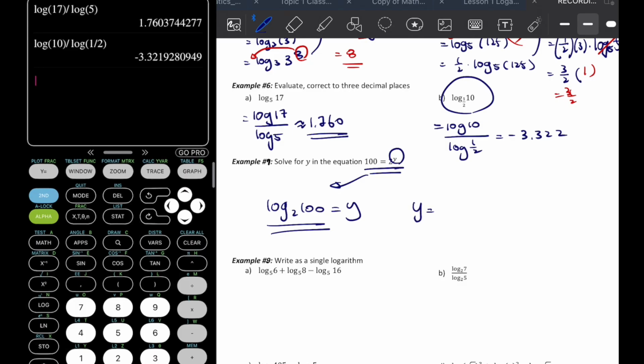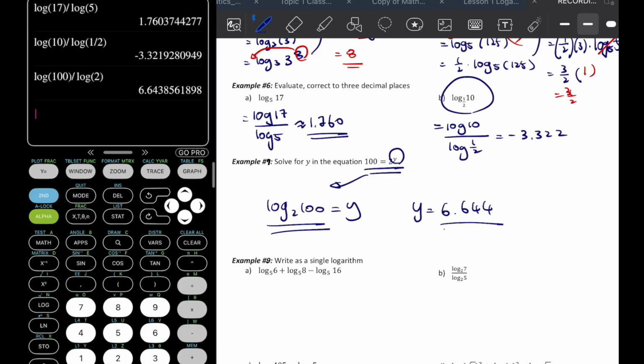So using the change of base rule, we can substitute the left hand side into your calculator. So log 100 divided by log 2, then we have 6.644 as our answer.